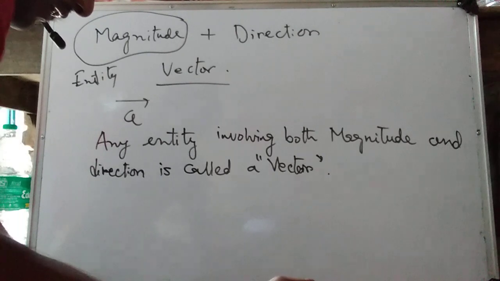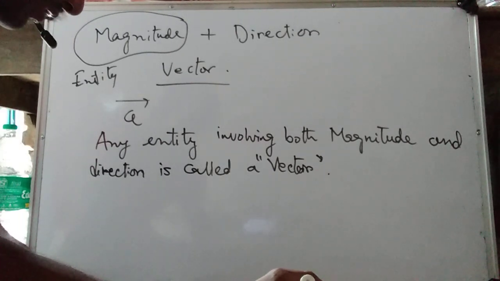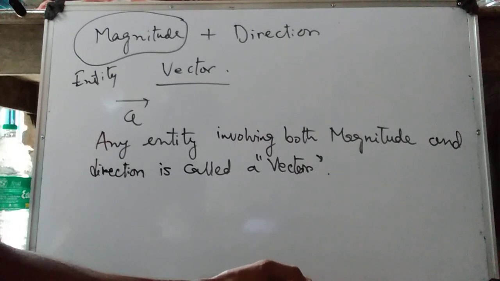Now a vector is represented by an arrow whose length denotes the magnitude of the vector and whose direction represents the direction of the vector.